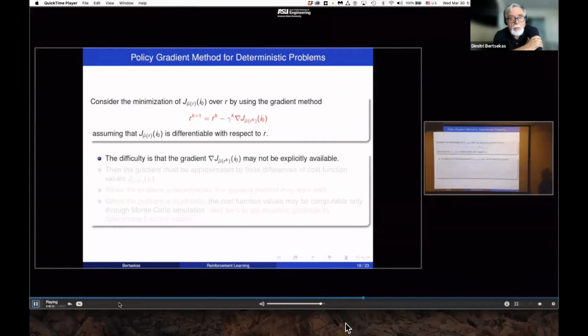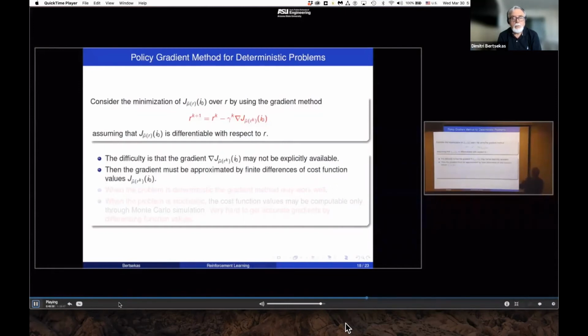Now, the main difficulty with this approach is that this gradient may not be explicitly available. To differentiate a dynamic programming infinite horizon discounted cost with respect to a parameter just cannot be done. It's very difficult. So this gradient cannot be calculated; you cannot write down a formula for it, and you cannot calculate it even in software exactly. The best you can do is approximate it by finite differences.